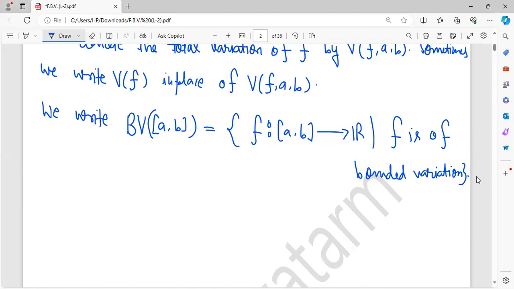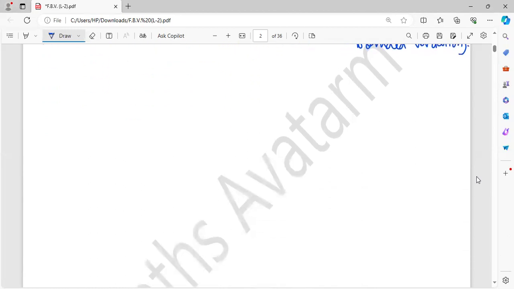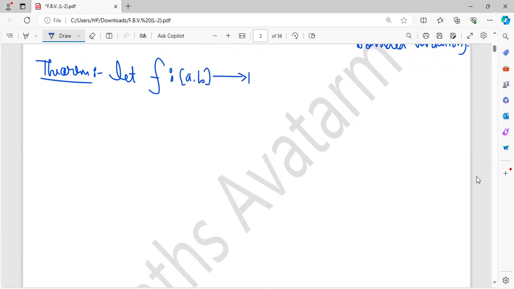The next result is very important. Let f: [a, b] to R be a monotone function.